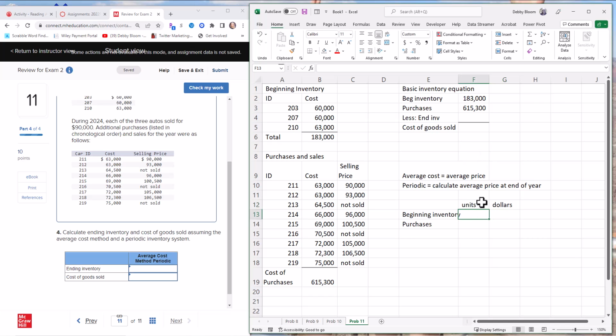So in this case, we already know that our beginning inventory is $183,000, and that represents 3 units. Then we purchased another 9 units that cost us a total of $615,300.